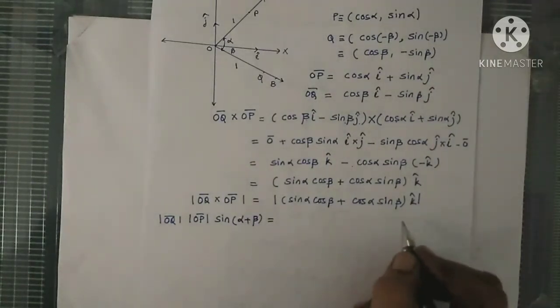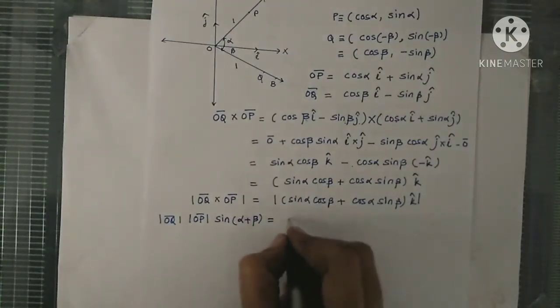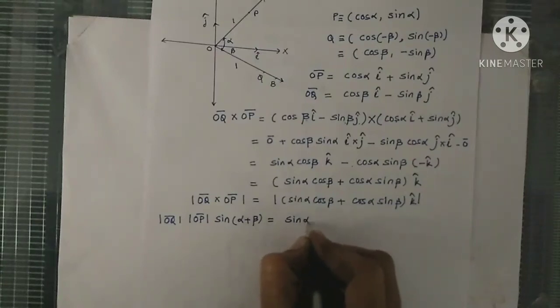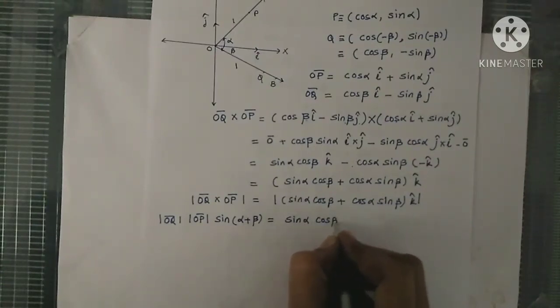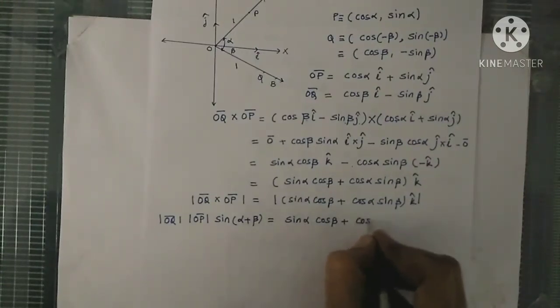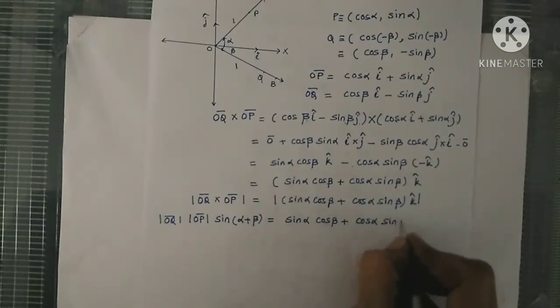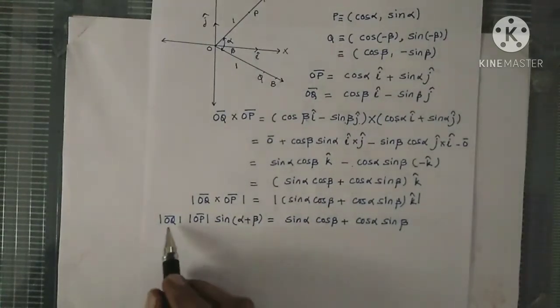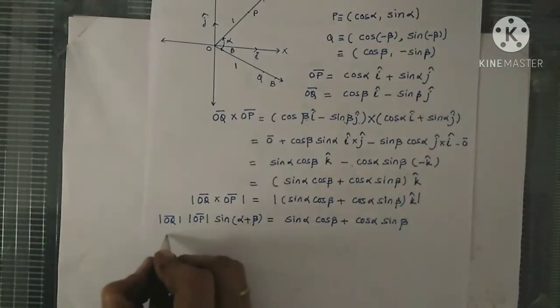And taking modulus of right hand side, we have modulus of k cap equals to 1. So we have the modulus as sine alpha cos beta plus cos alpha sin beta. Now in the left hand side, modulus of OQ bar is 1, as we have taken OQ equal to 1.